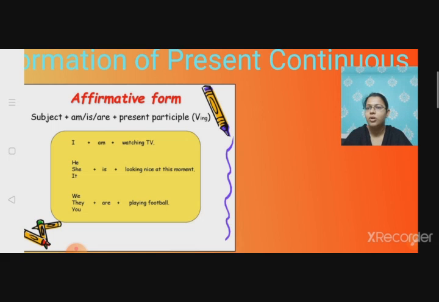I am watching TV. So students, I is the subject, am is the helping verb, or you can say the to be form of the verb, which changes according to the person. If we are writing first person singular, that is I, we are going to write am along with it. I am watching TV. Here the action verb is watching.